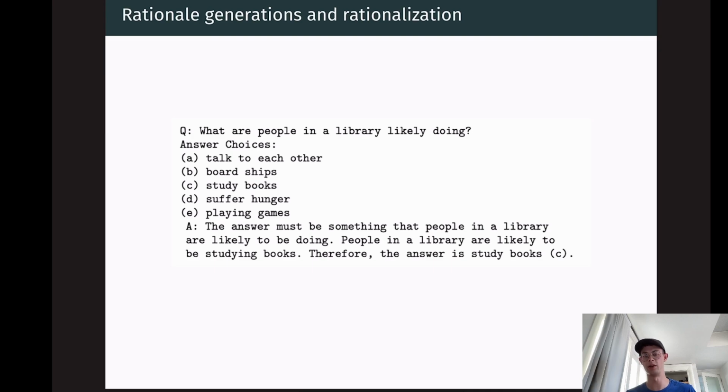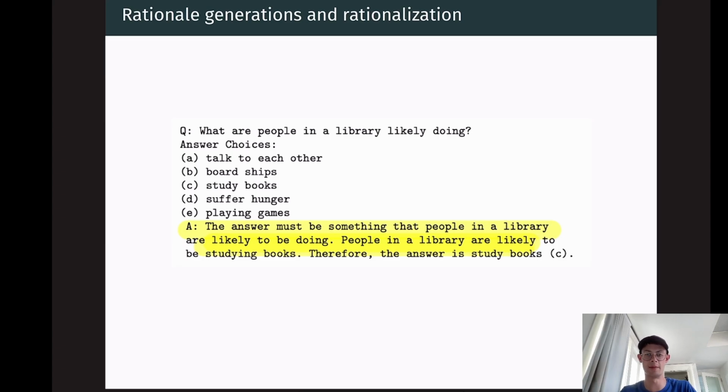But we'll see that it will typically have higher error rates versus if we first ask it to give a rationale. The rationale can be seen here at the bottom. If we ask it for a rationale first, it will say, the people in the library are probably studying books. Therefore, the answer is study books. And you can see that this is actually quite tautological, the reasoning it's giving, but even that still helps increase the accuracy of the answer.